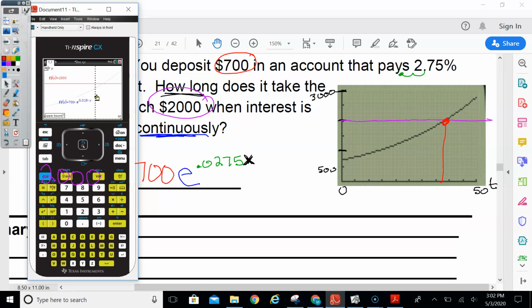So just to the left of it, and then to the right. So again, we go a little bit to the left, a little bit to the right, and it's saying that this point is 38.2, comma, some 2000 number, but I don't care about the y.